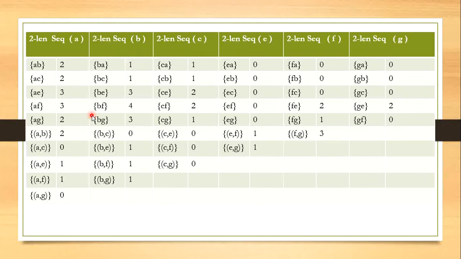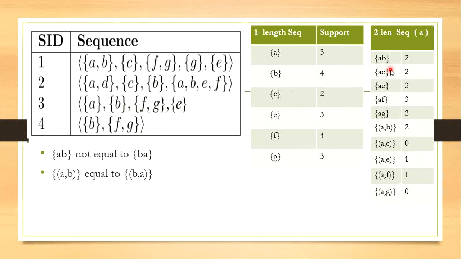So now we calculate support for these sequences, that is here AB. If you observe how to calculate the support, A and B are present in two different transactions. Let us check that. A is present in this transaction, but there is no B present in a different transaction after A. So this sequence 1 is not considered for the support of AB.